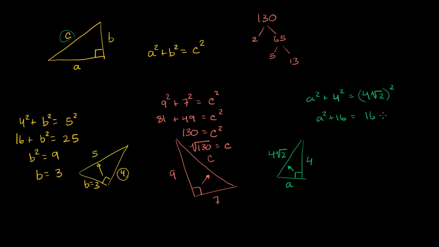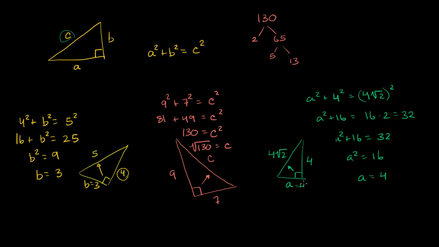The square root of 2 squared is 2. 16 times 2 is equal to 32. And then we can subtract 16 from both sides. So let me just rewrite this. a squared plus 16 is equal to 32. Subtract 16 from both sides. You get a squared is equal to 16. Take the principal root of both sides. You get a is equal to 4.